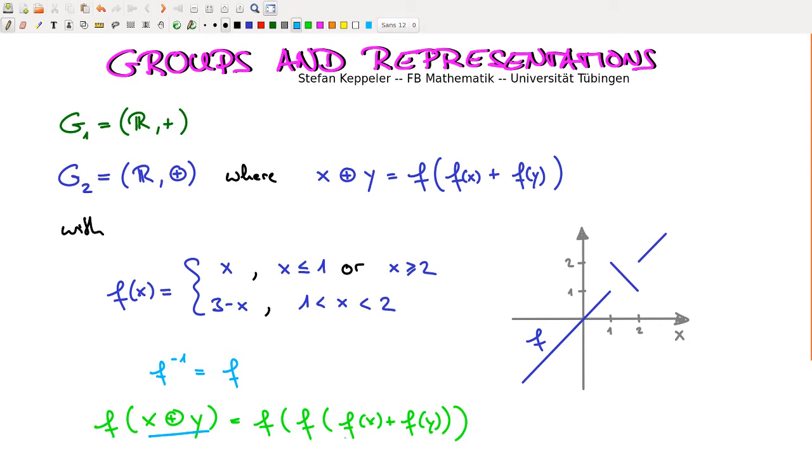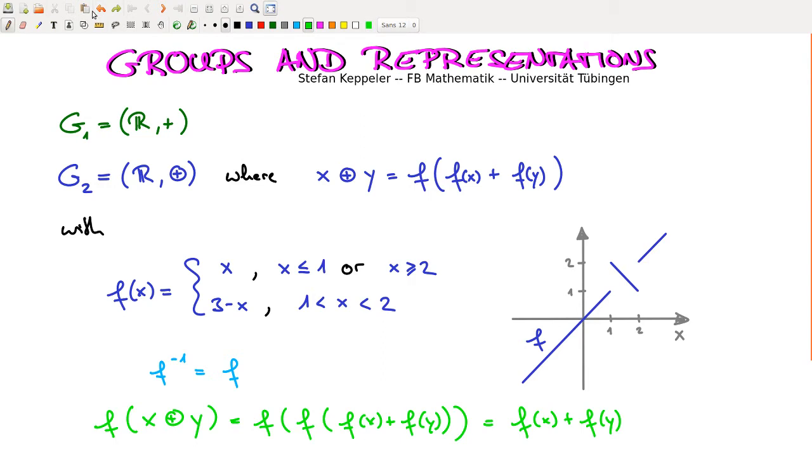So this is just the definition, and then we have this additional f here on the outside. But the two outer f's cancel because f is its own inverse, and we get f of x plus f of y. So they are isomorphic as groups, but this isomorphism, as we can see here, is not continuous.